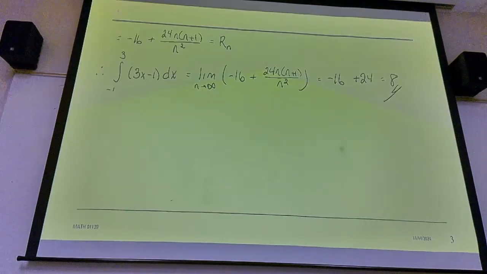The integral's 8. Yay, we've done our first Riemann sum limit. That's nice.